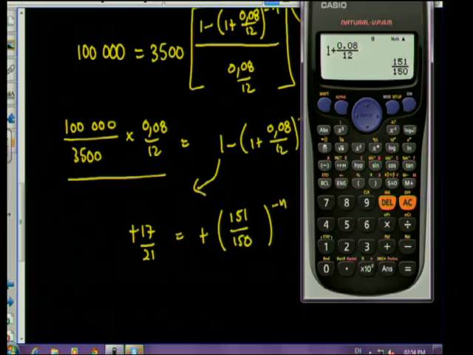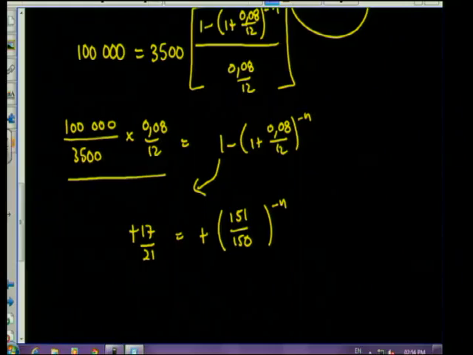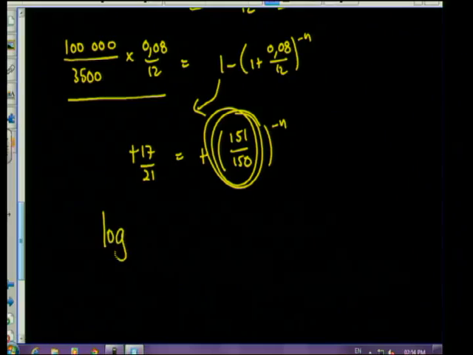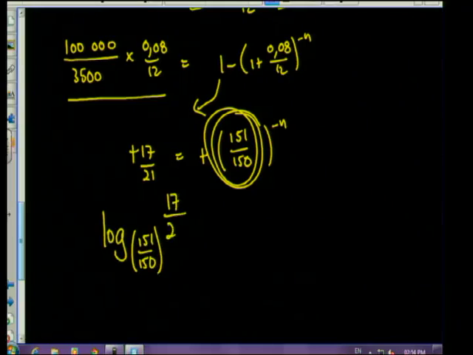Now it's at this stage that you're going to use logs. And it really is dependent on how you've been taught at school as to how you form the logs and use the logs. But perhaps one of the more conventional ways is to say, when you've got something raised to a power, this over here will become the base of the log. So it goes to the other side, and what we do is we say, well, it's the log where this is a base, 151 over 150, of the number 17 over 21.